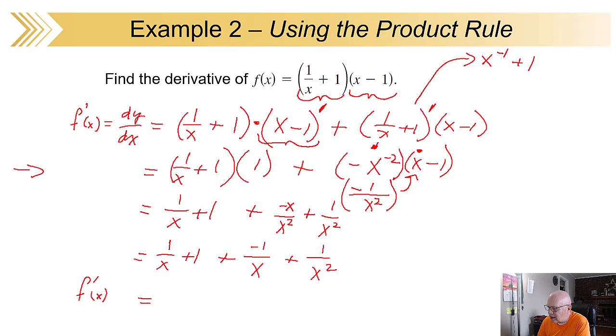Well, if we look at these two, they're exact opposites, addition-wise. So those two give us just 0, and I'm left with 1 plus 1 over x squared. And there's our derivative.